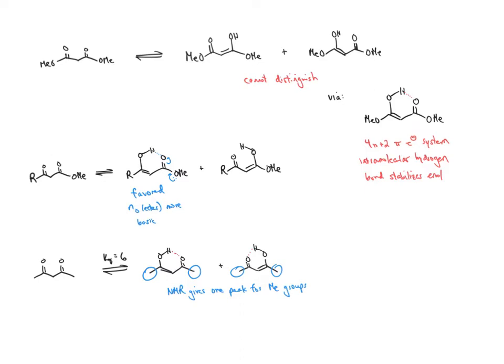All right, so let's switch gears a little bit and talk about how we might promote enolization. And you can do this under both acidic conditions and basic conditions. Okay, so let's talk about acidic conditions first. Let's say we have this ketone, and we want to enolize it to this enol.